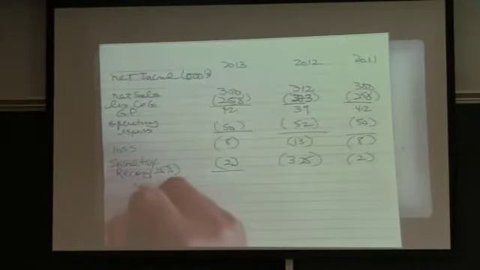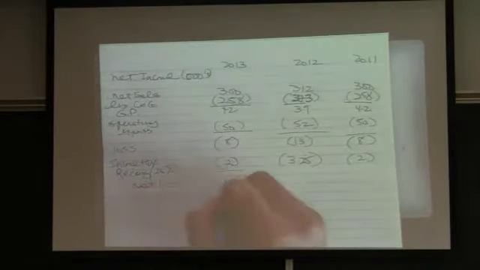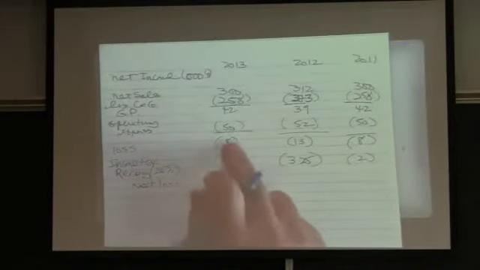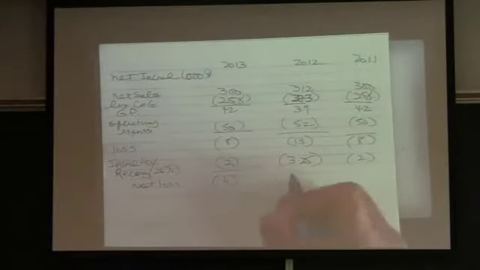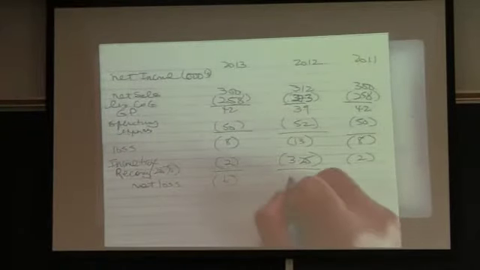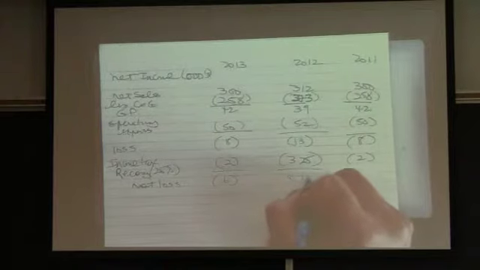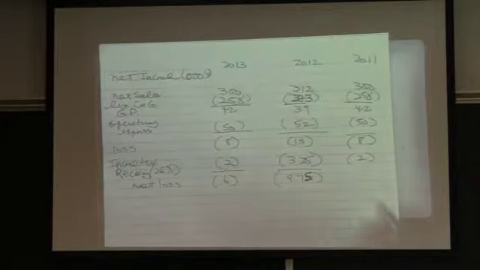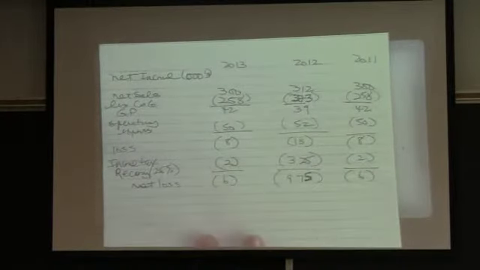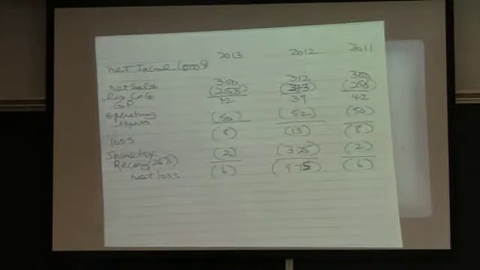So the net loss is going to be 6, because we're going to assume that this loss can be offset against past prior income or future income, and that's a tax recovery. And this is 9.75, and this is minus 6. So that's the net income before.